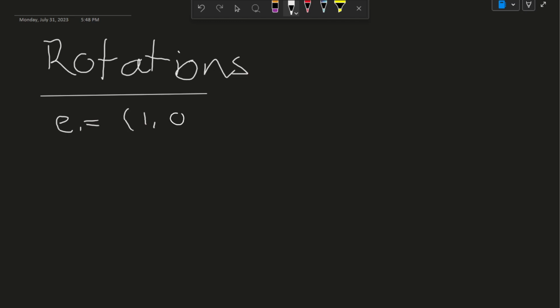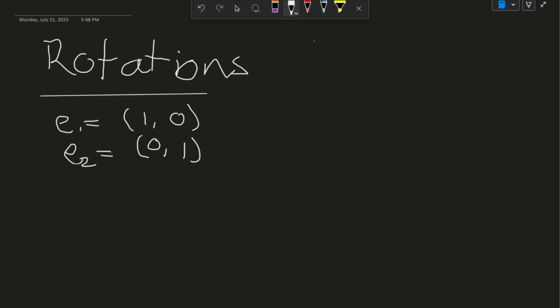In 2 dimensions, we have these 2 standard basis vectors, (1, 0) and (0, 1), right? And we've gone over how you can uniquely define a linear transformation by knowing where it maps the standard basis.